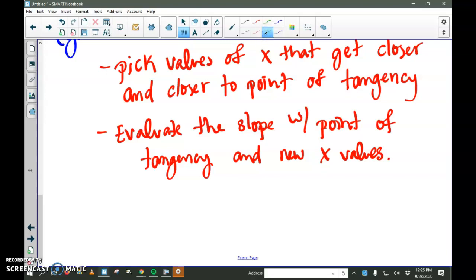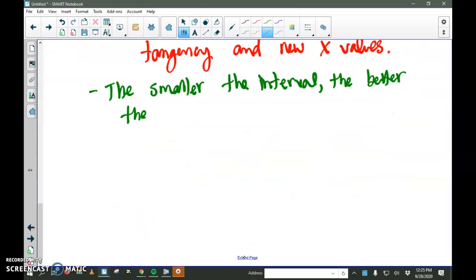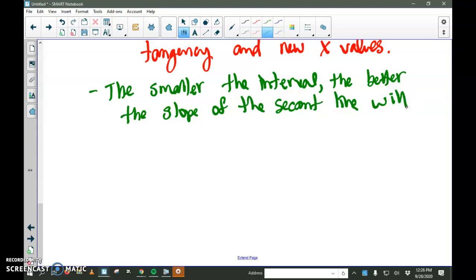And the big idea here is that the smaller the interval between those x's, so the closer those x values are, the better the slope of the secant line will estimate the slope of the tangent line.